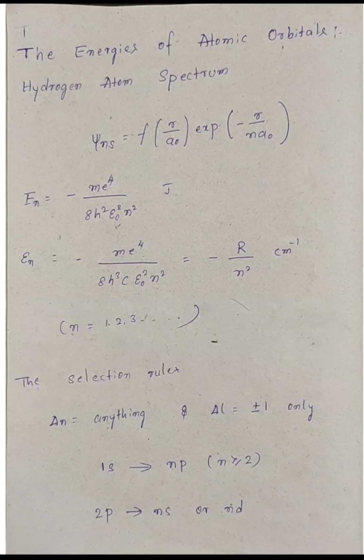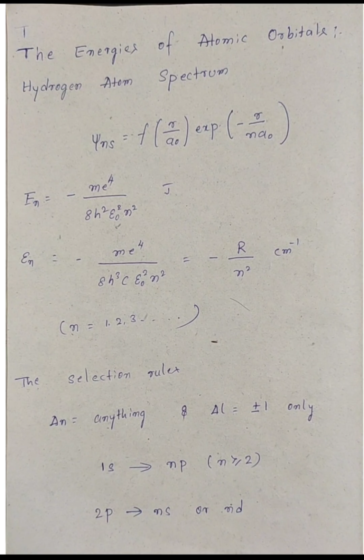Okay, then the energy equation, which is En equal to minus m e to the power 4 divided by 8 h square epsilon naught square n square, in joules. This equation comes from the Schrodinger wave equation of a three-dimensional system.